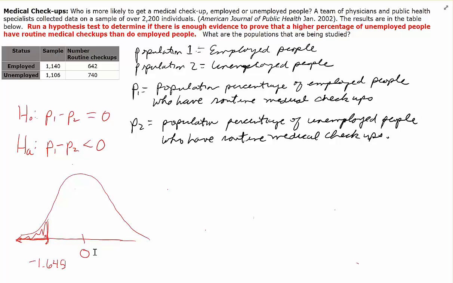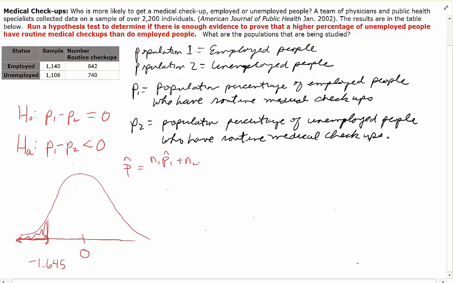Averaging them is also based on sample size, so we'll take a weighted mean, which we'll call p hat. My formula for that is N1 times the sample percentage from population 1, plus N2 times the sample percentage from population 2, divided by the total sum of the sample sizes.